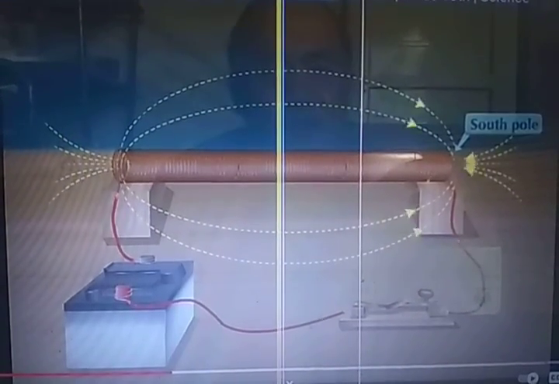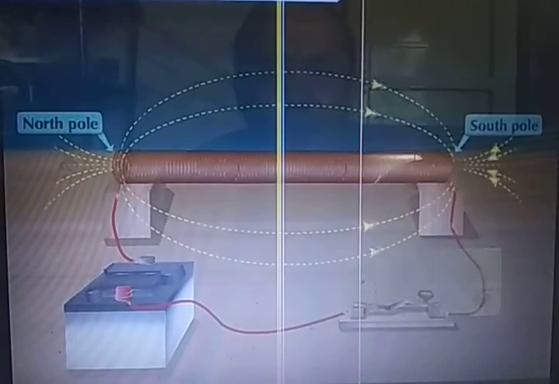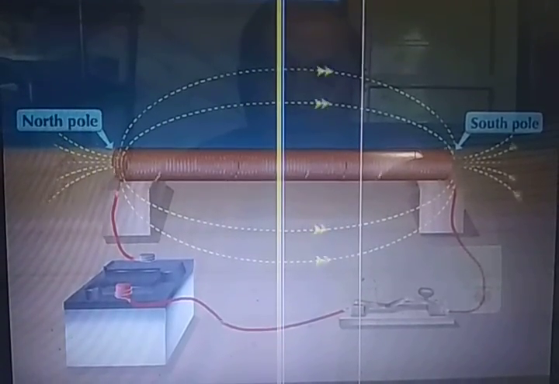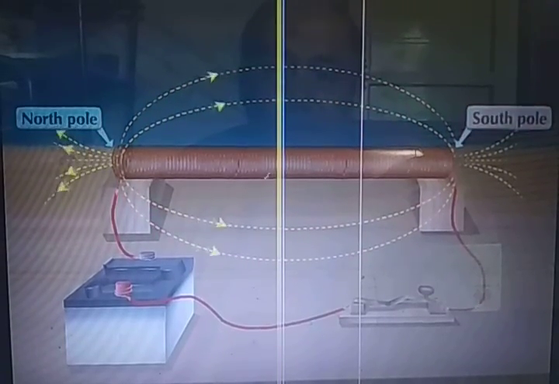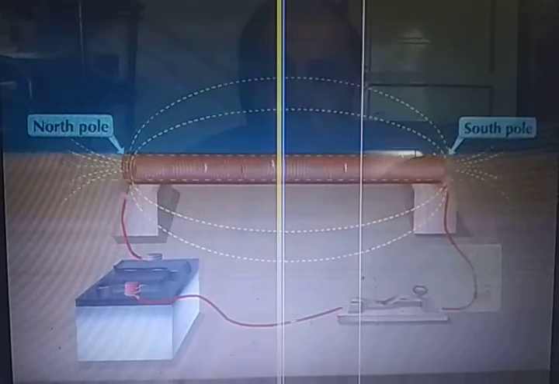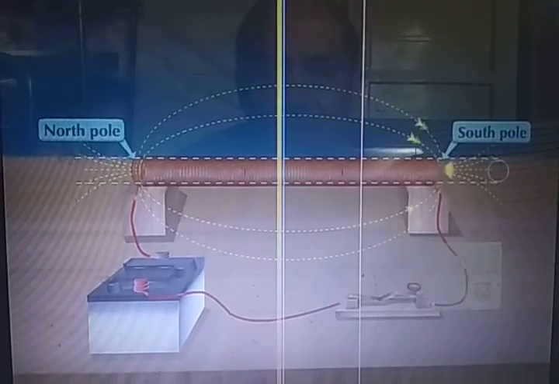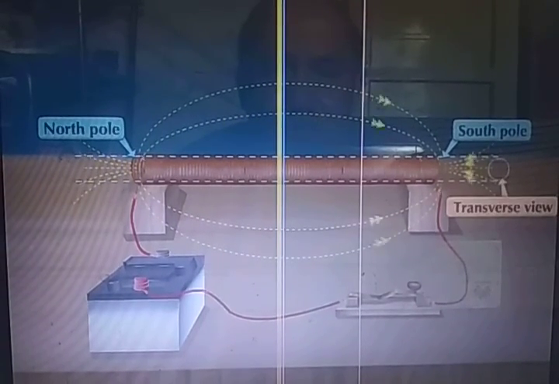One end acts as a south pole, while the other end acts as a north pole. The magnetic field lines inside go from south pole towards north pole, and outside from north pole to south pole.